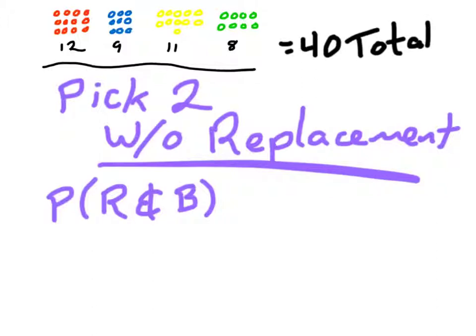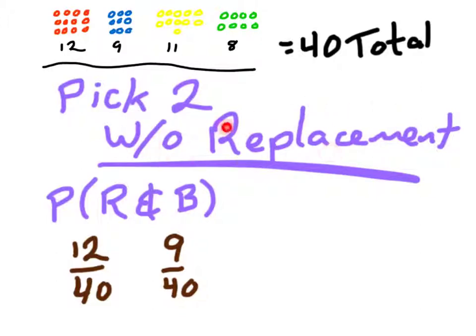That's important. So now you can say, okay, well, if there's 40 total marbles, that means the probability of having red would be 12 out of 40. And the probability of having blue would be 9 out of 40. But that's where the really important term without replacement comes in.